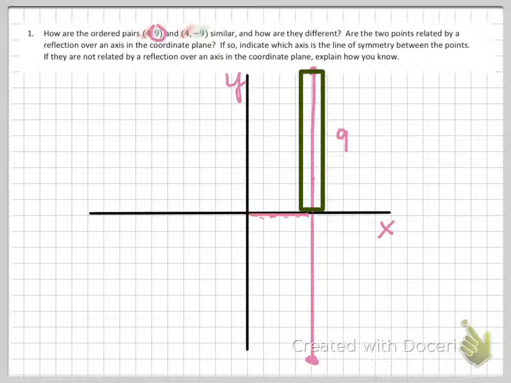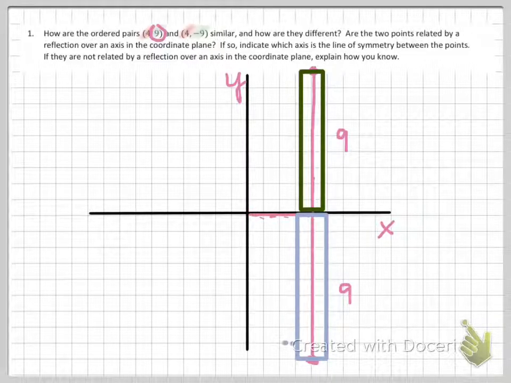And then similarly, if we did the same thing down here, we would also have a distance that is equal to 9.